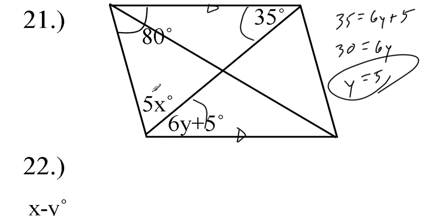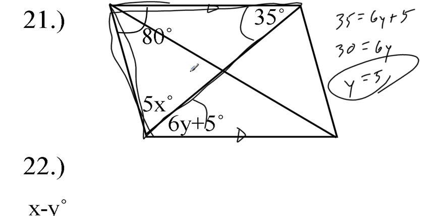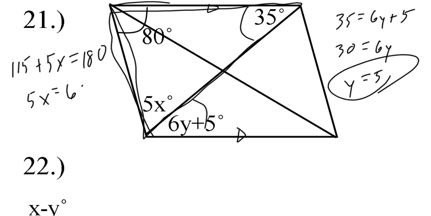Now to find x, this 5x, the 35, and the 80 are three angles of a triangle right here. Okay, so 80 and 35 adds up to 115. So 115 plus the 5x equals 180. And then we subtract 115 from both sides, and we get 5x equals 65. And x turns out is 13.